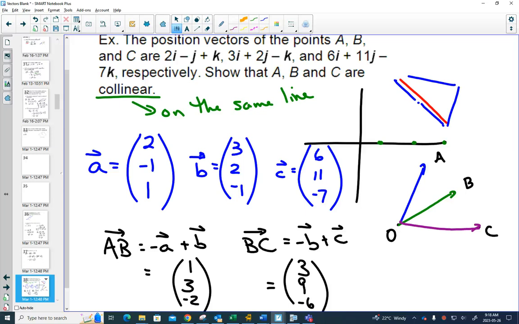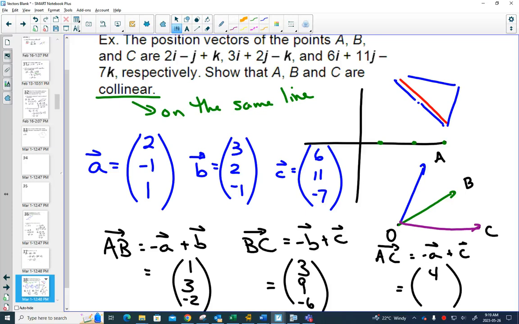And finally, A to C would be -A plus C, or C minus A. So you see that C minus A, or B minus A, or C minus B is easier for mental math for figuring things out.